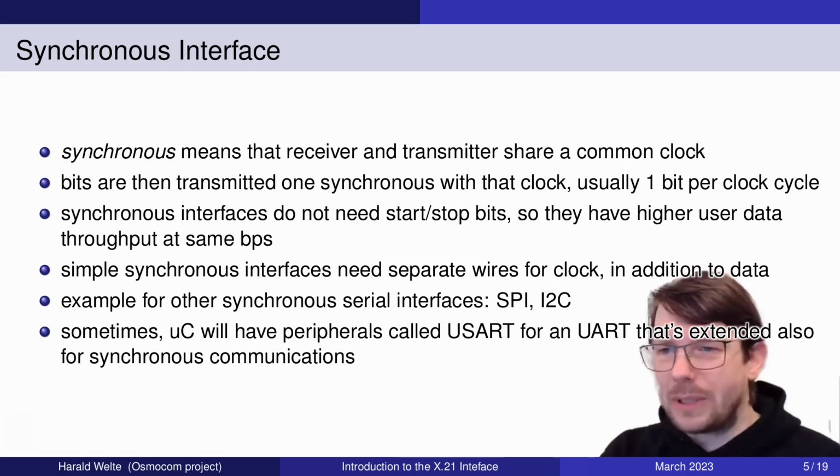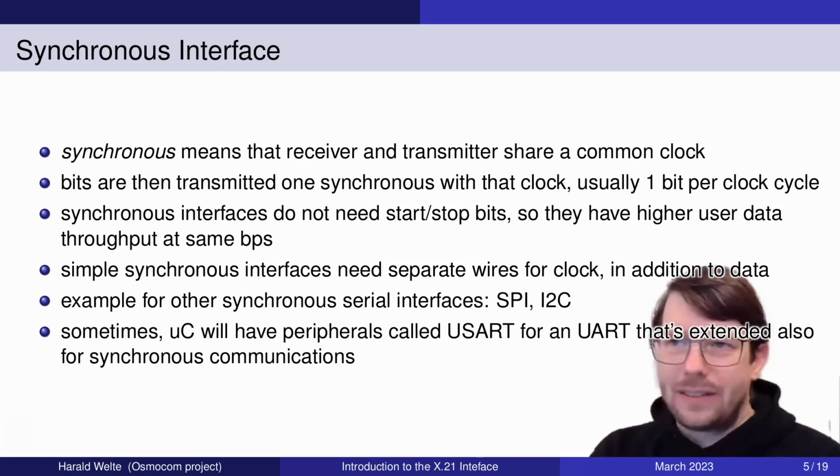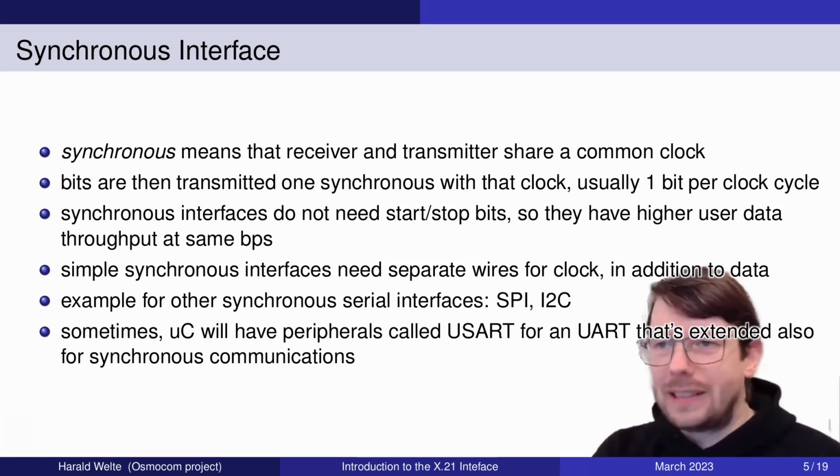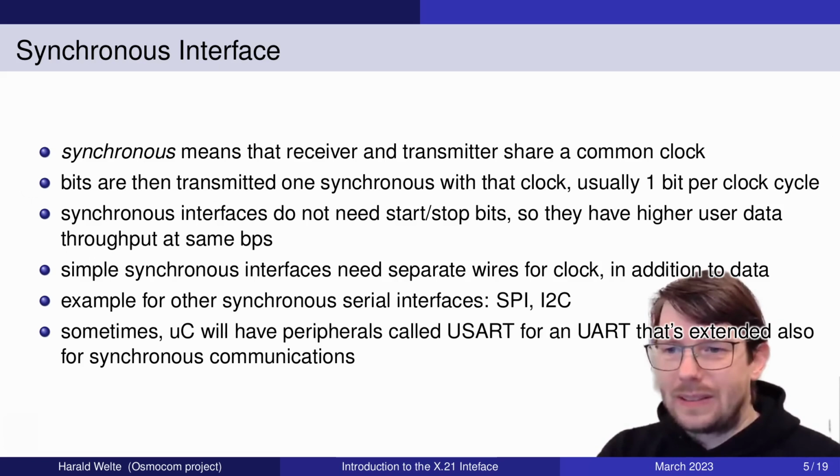Let's say you have a 9600 BPS serial link and you use asynchronous transmission like a normal PC serial port: then you have an 8-bit byte plus start and/or stop bits.